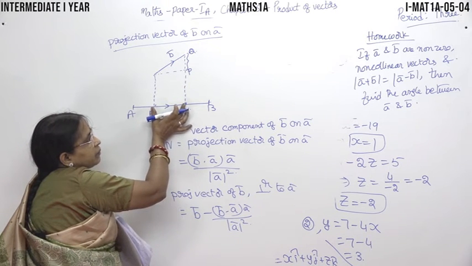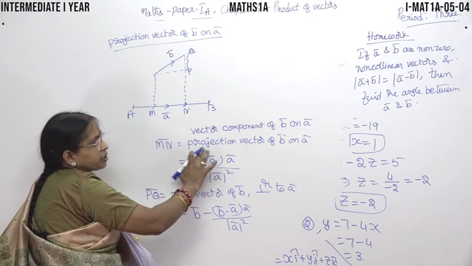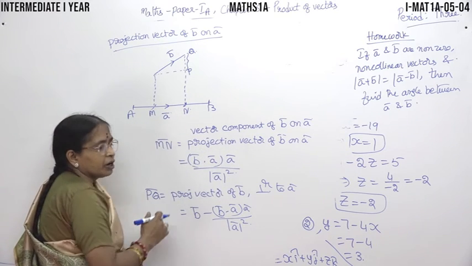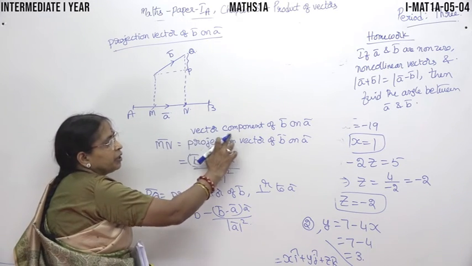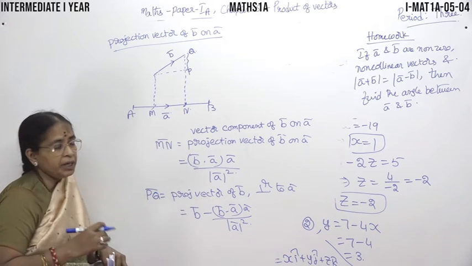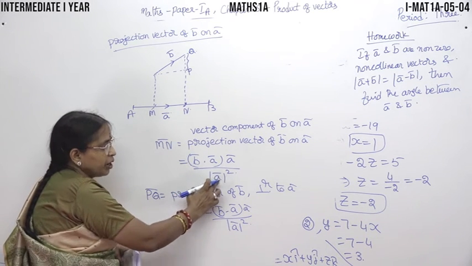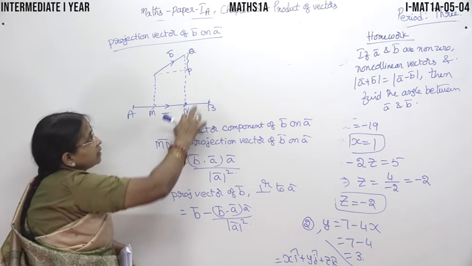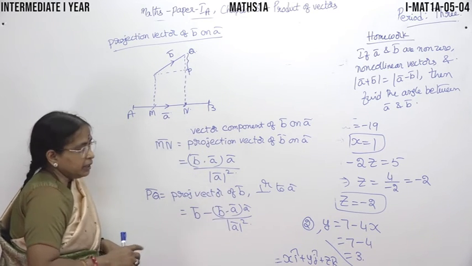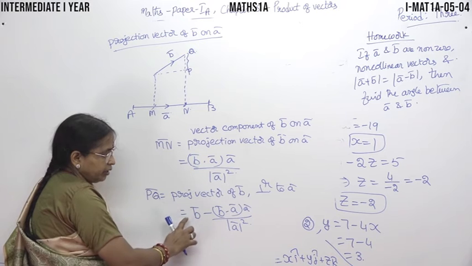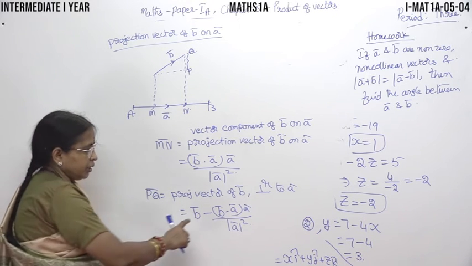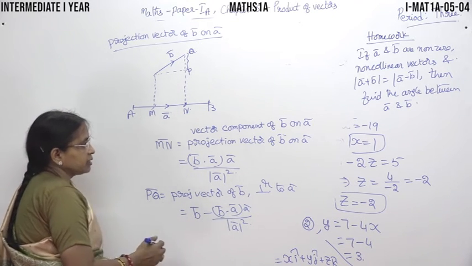Then this MN vector is called the projection vector of B on A or vector component of B on A, and it is given by the formula B dot A into A by mod A square. And then this vector is called the projection vector of B perpendicular to A, in the direction perpendicular to A. So that is given by the formula B minus (B dot A) into A by mod A square.